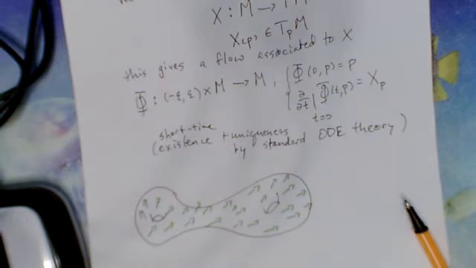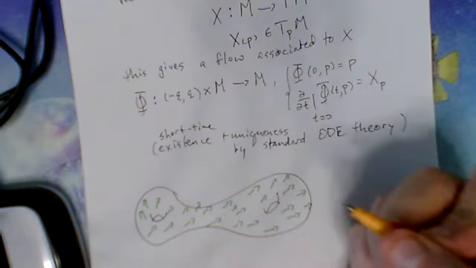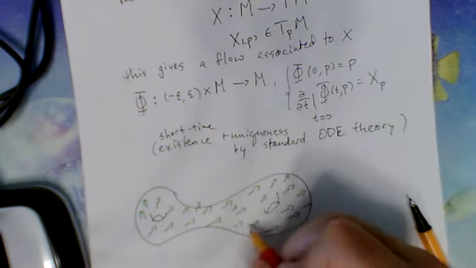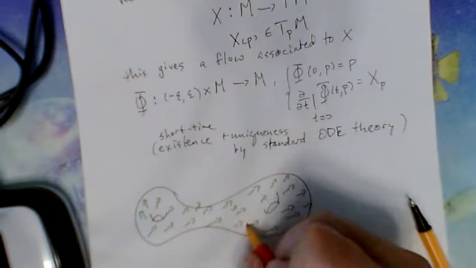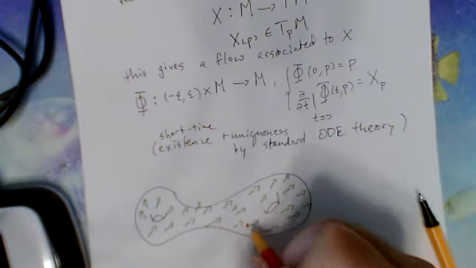And how do I imagine the flow? I pick a starting point for my flow. So maybe I want to start here. And then I trace a trajectory.